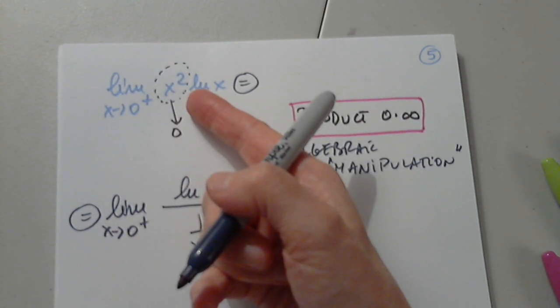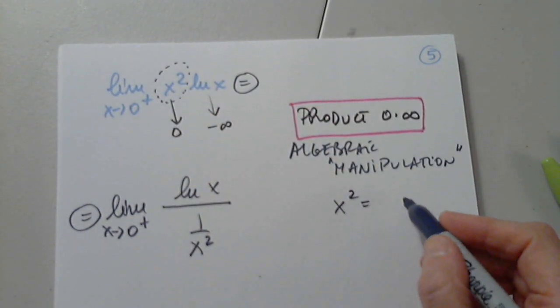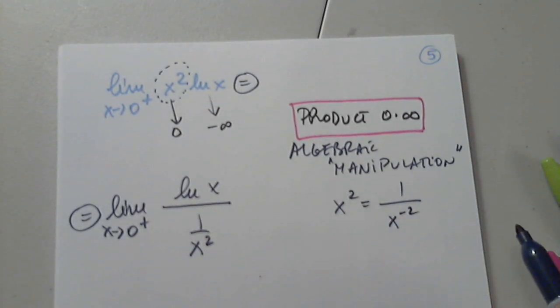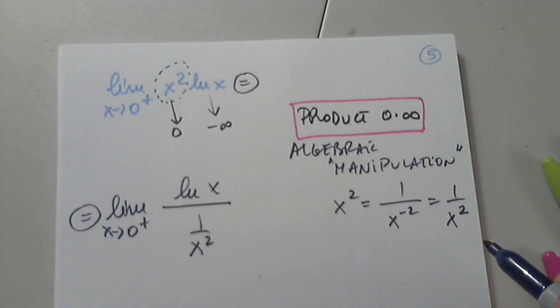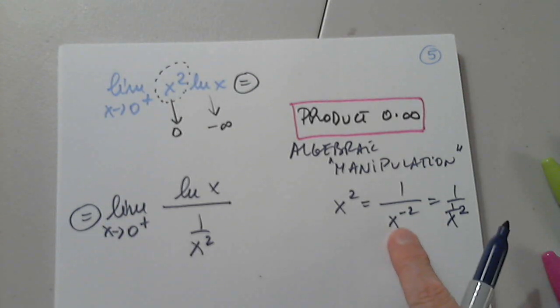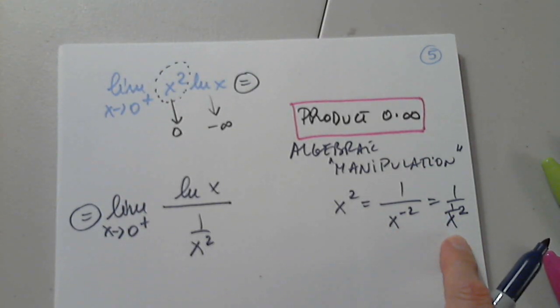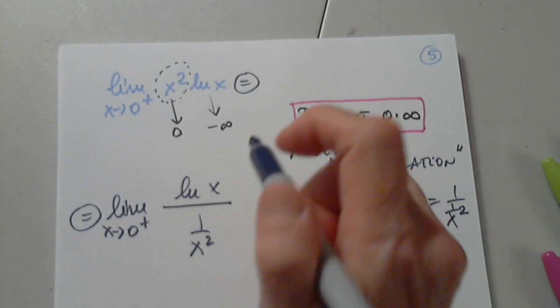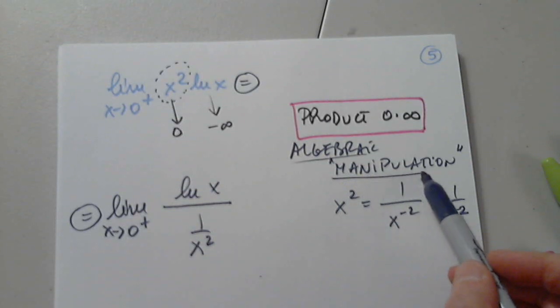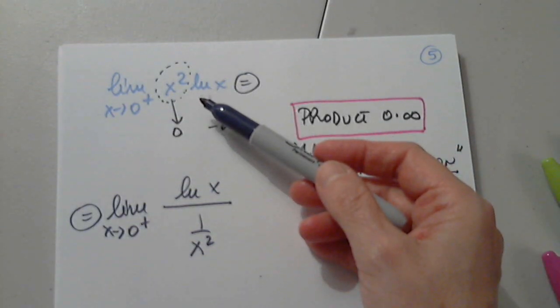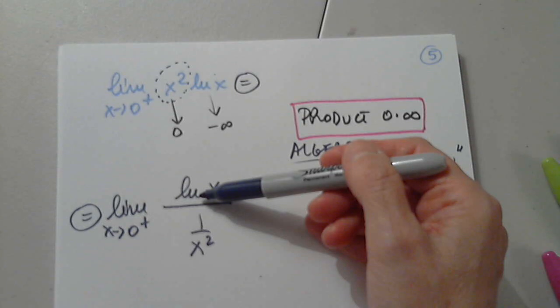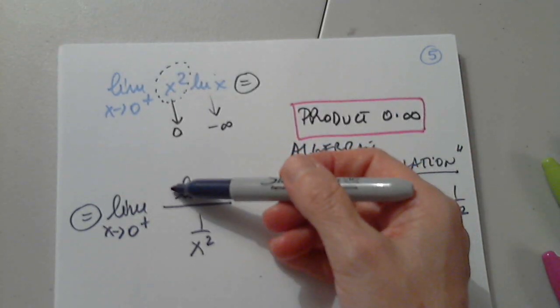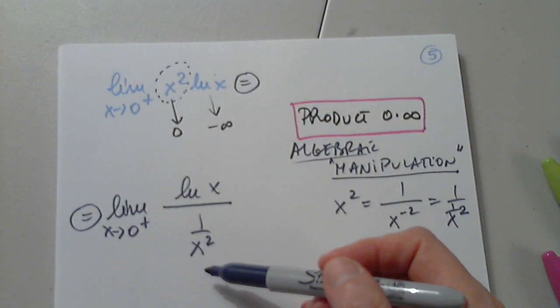So x squared is the same as 1 over x to the -2. X to the -2 is 1 over x squared, which if I divide, I get back to this. So the algebraic manipulation that I'm talking about is keeping natural log alone and changing x squared into 1 over x to the -2.